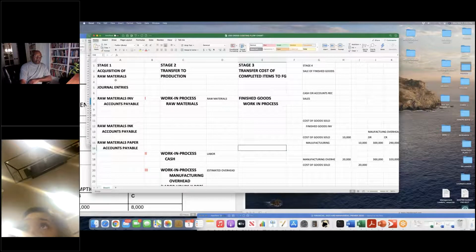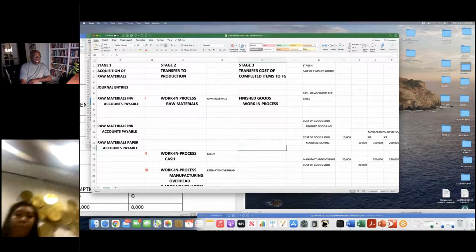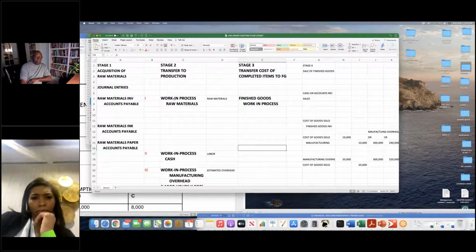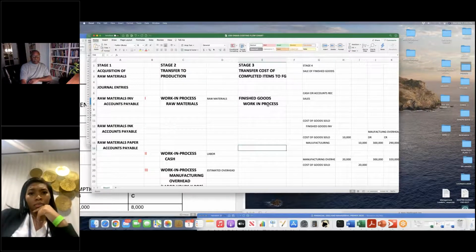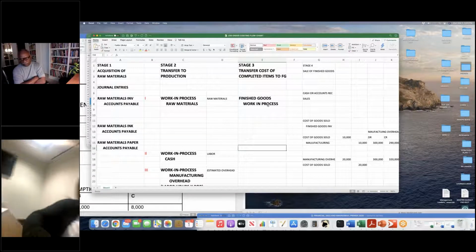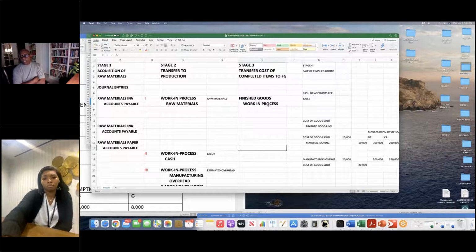Stage 1, we buy the raw materials. Stage 2, we make the item. Stage 3, we transfer the completed items to finished goods. So that's our goal, not to leave them in here. Buy raw materials, make something, put it in finished goods so we can sell it. Any questions on our 3 stages?